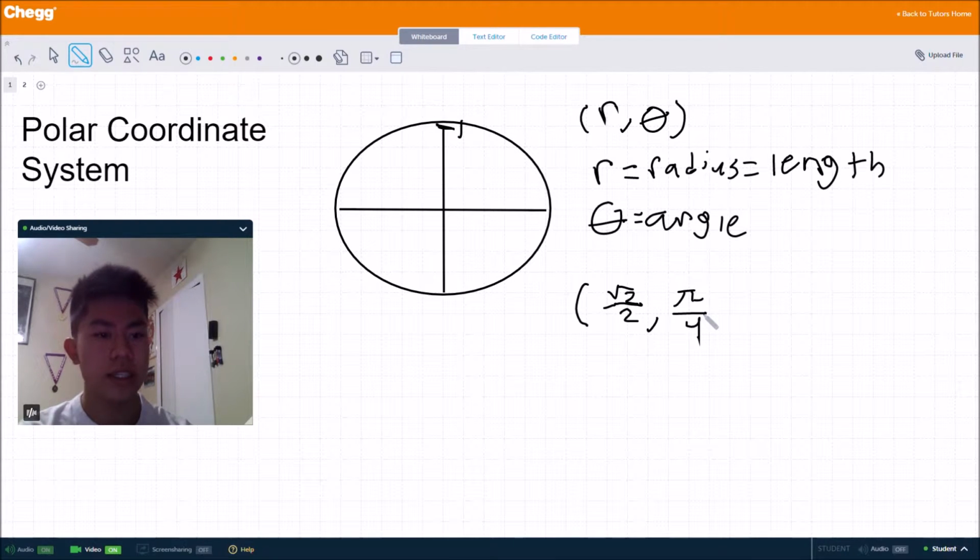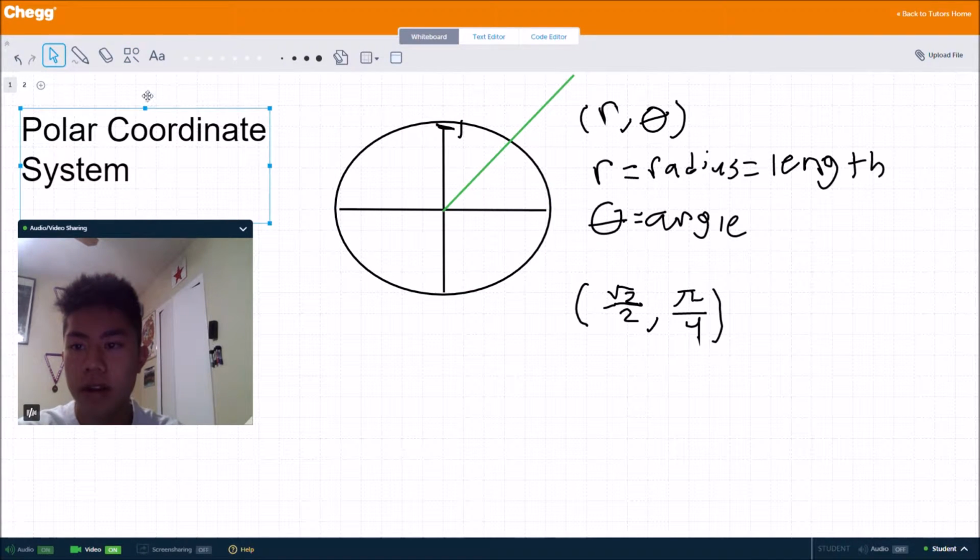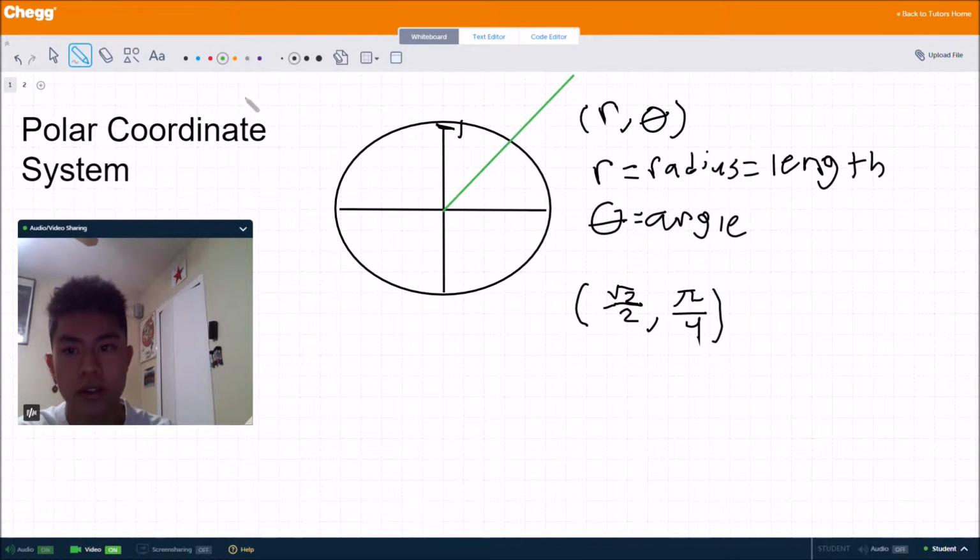So what that's really saying is that we have an angle pi over 4. I'm going to draw that here. It's about there. And we want to find where that angle has the length square root of 2 over 2. And since it's the unit circle, we know that's going to be right there. So that's basically it.